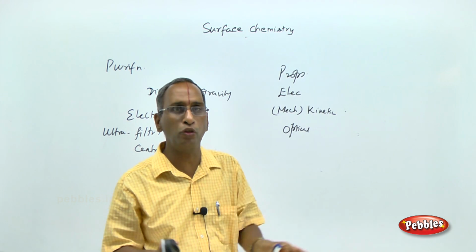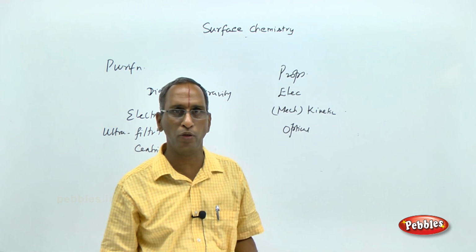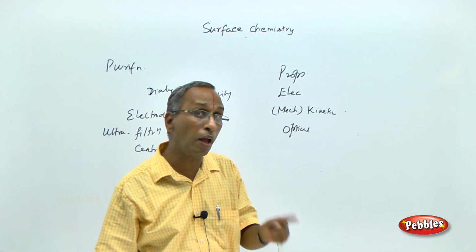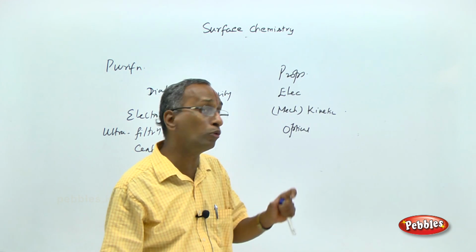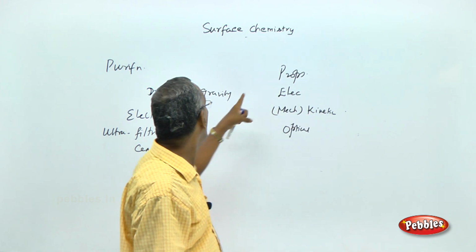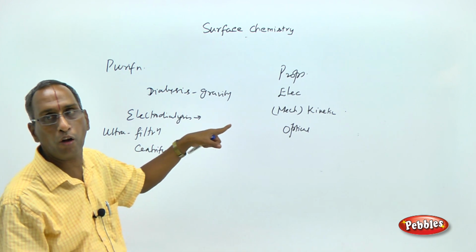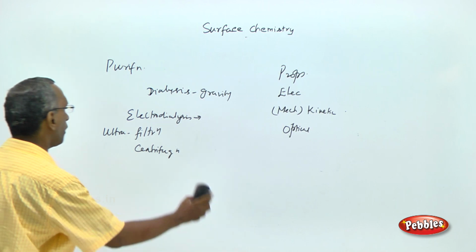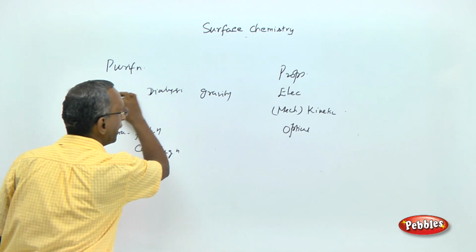So it will move towards the oppositely charged electrodes. Then they can be collected at the respective electrodes. Colloids are of two types, positive colloids and negative colloids, and depending upon the type of colloid, it is collected at the respective electrode. That is the principle of electrodialysis.